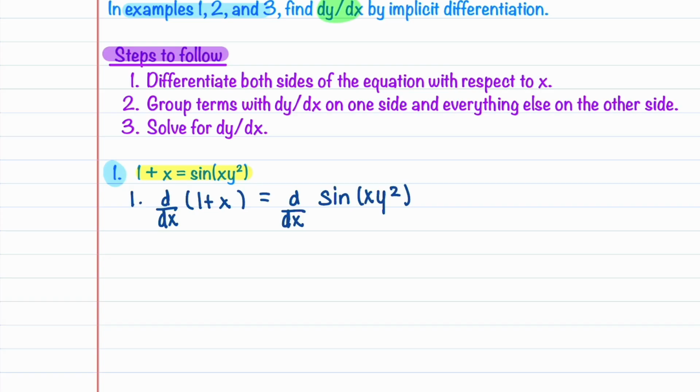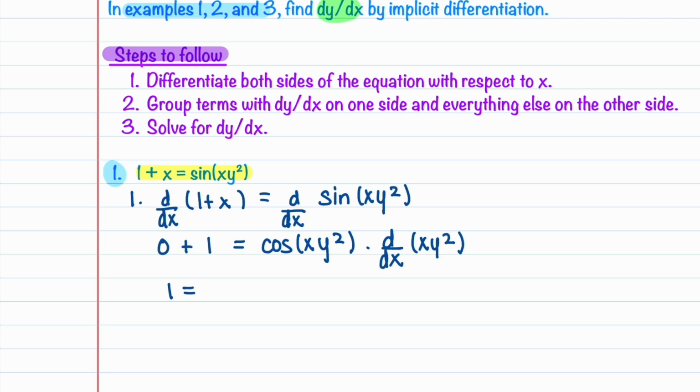The derivative of 1 is 0, and then the derivative of x with respect to x is 1. And then on our right-hand side, the derivative of sine is cosine. So we have cosine xy squared times the derivative of what's inside.